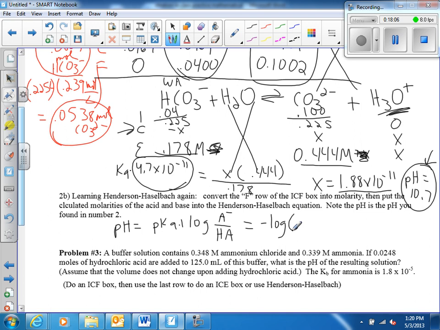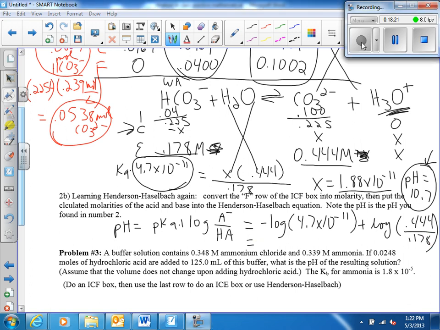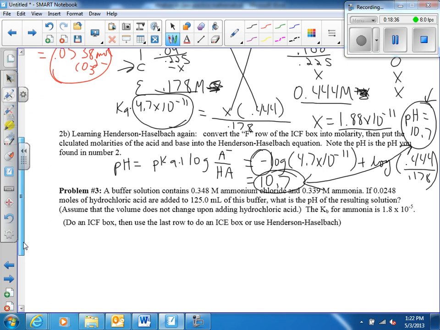Negative log of 4.7 times 10 to the minus 11 plus the log of 0.444 over 0.178, which is 10.7. We get the same answer. Look at that. Henderson-Hasselbalch. You have to be very careful with this little negative sign here and making sure you plug in everything correctly, but if you do it, you're good.